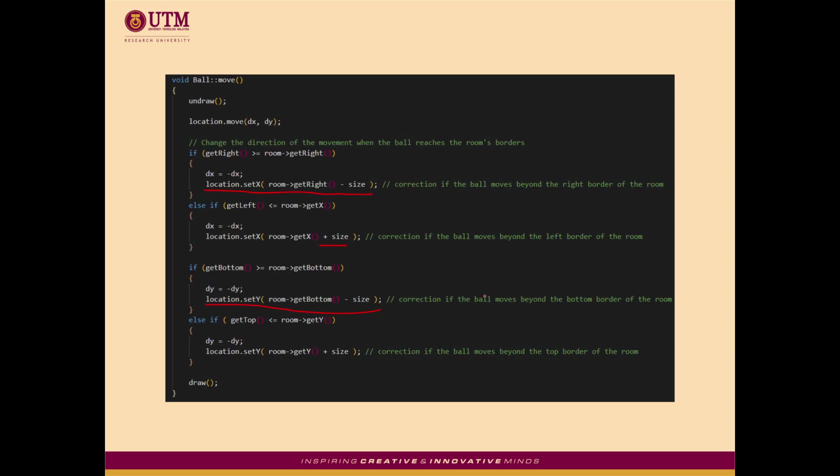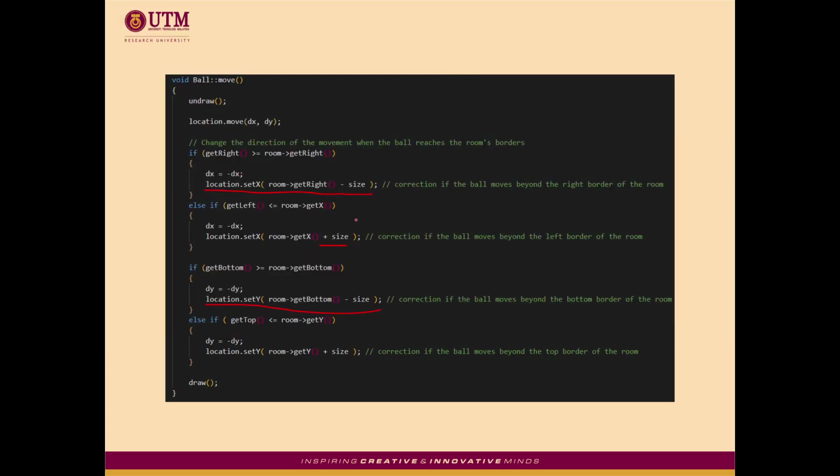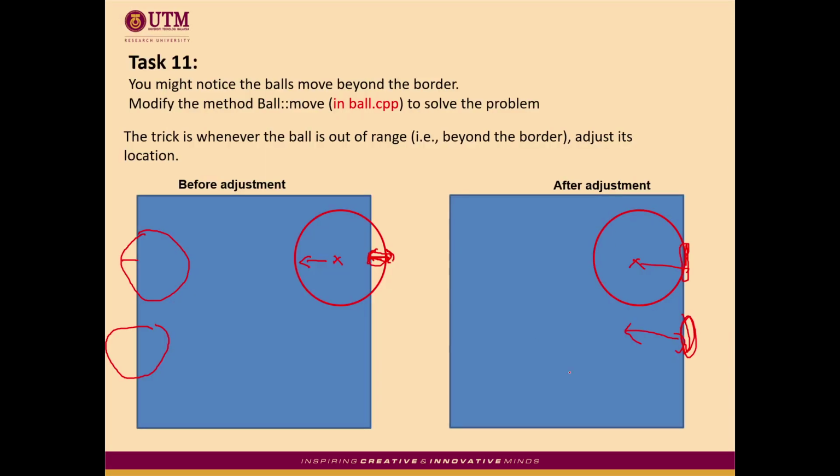That means, because the condition that the ball hit the wall, there are several situations. It can be exactly touching the wall, or slightly beyond the wall, or maybe beyond the wall, something like that. But whatever the case is, we always do correction, so that at the end the result will look something like this one. The ball is always slightly touching the wall.